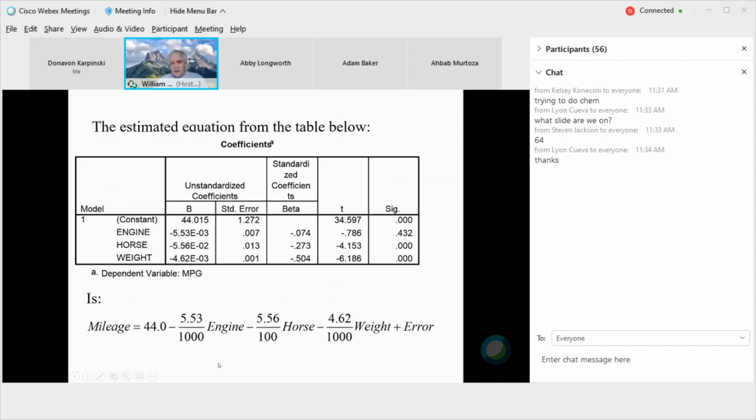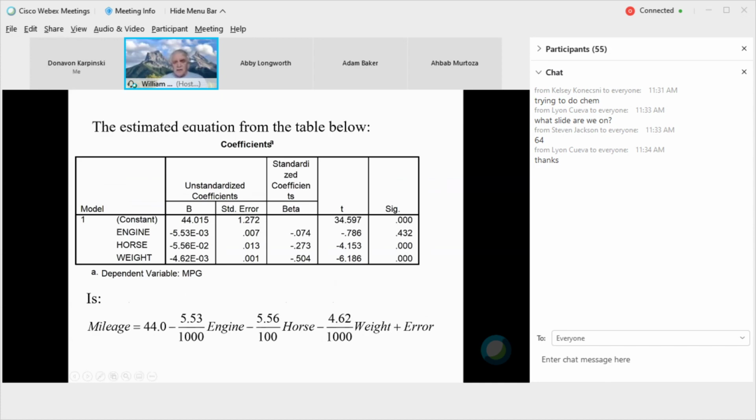For every 1,000 units in engine size increase, mileage will be decreased by an average of 5.53 units. For every increase of 100 units in horsepower, mileage will be decreased by 5.56. For every increase in weight of the vehicle by 1,000 units, mileage will be decreased by 4.62.